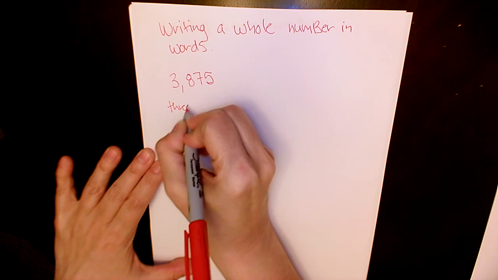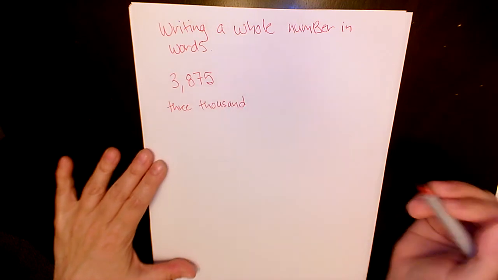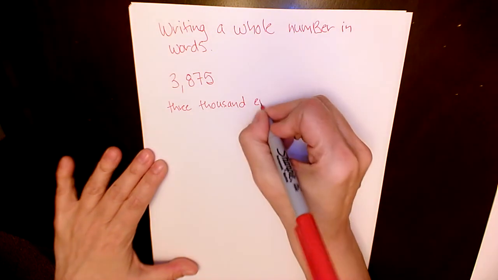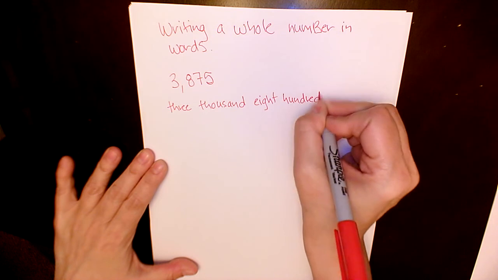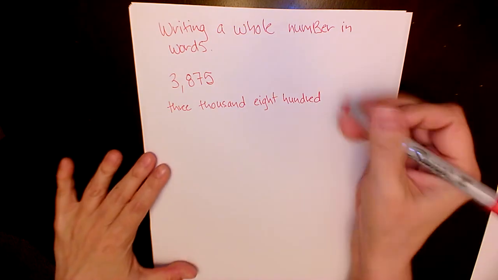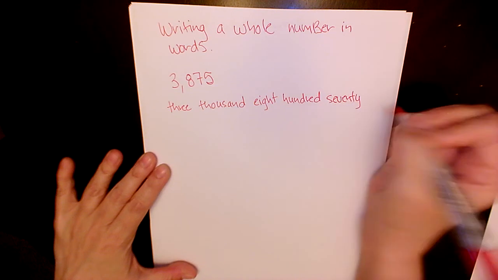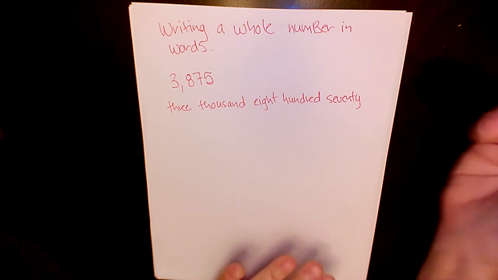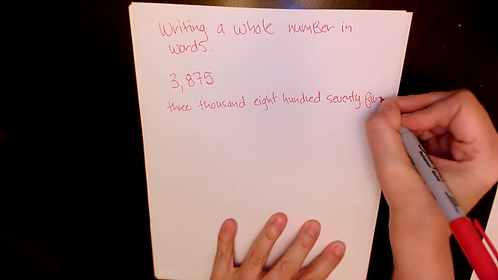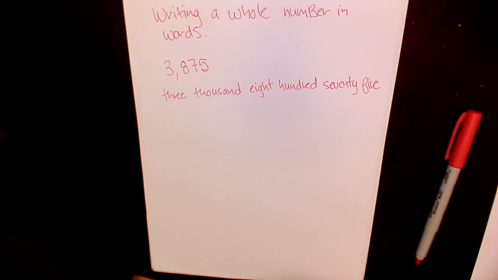So the 3 is in the thousand spot, so that's 3,000. 8 is in the hundreds spot, so that's 800. 7 actually means 70, 7 tens. So I would write that as 3,875.